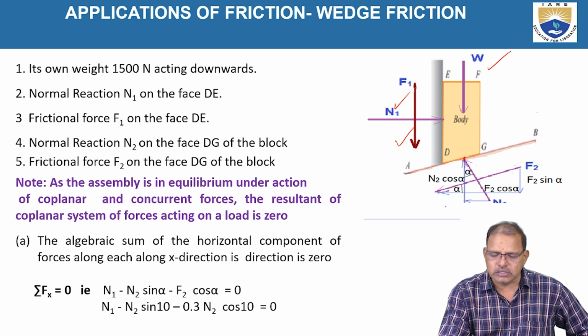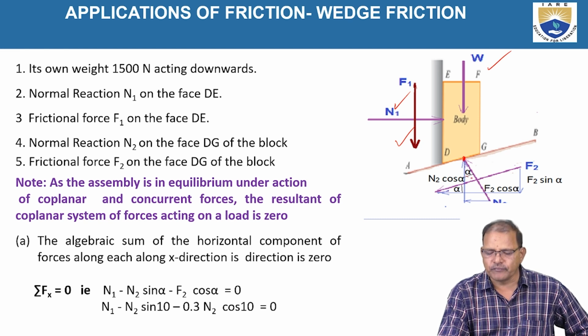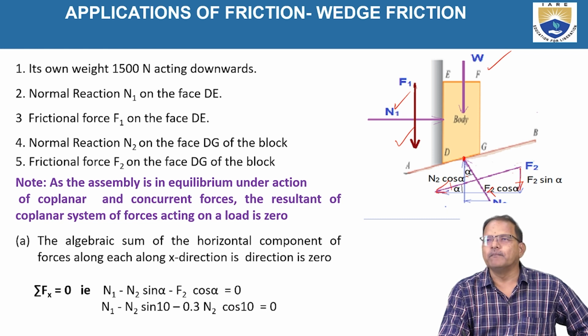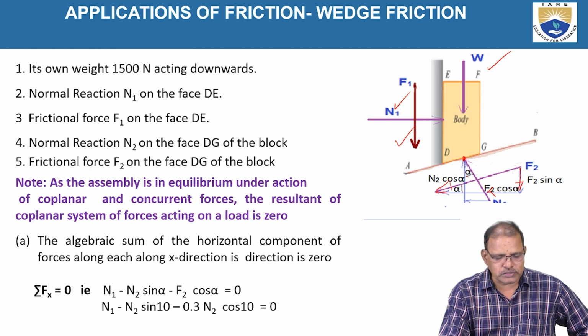Here, the reaction at the bottom is resolved into two components, horizontal and vertical. Similarly, the frictional force, since the body is moving upward, acts in the downward direction, and it is resolved into horizontal and vertical components as shown in the figure. Now, for the weight W, resolving the forces in the horizontal direction, sigma Fx is equal to 0.